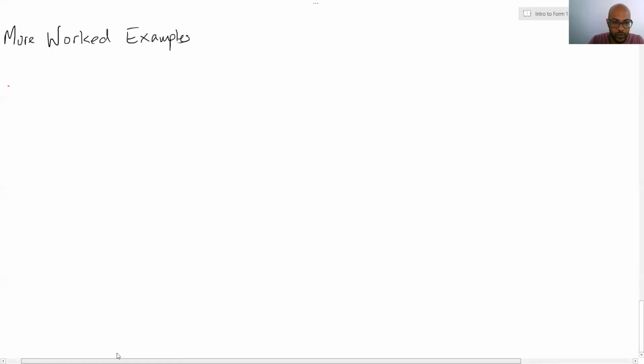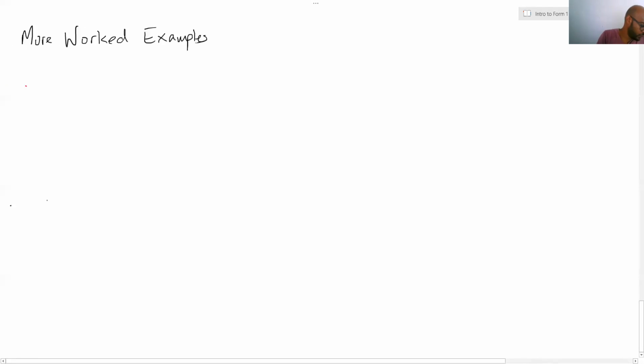Let's do some more worked examples. So the first one we want to look at: let's say I have values given, x is equal to 2, y is equal to, let's say, negative 3, and z is equal to 5.